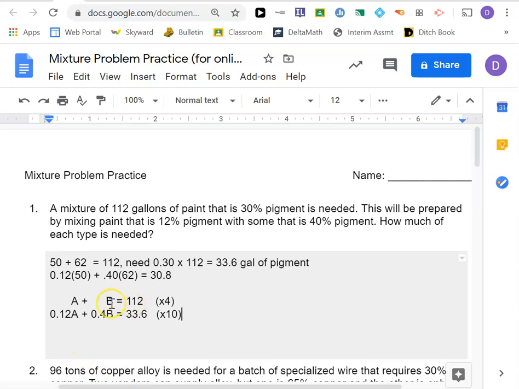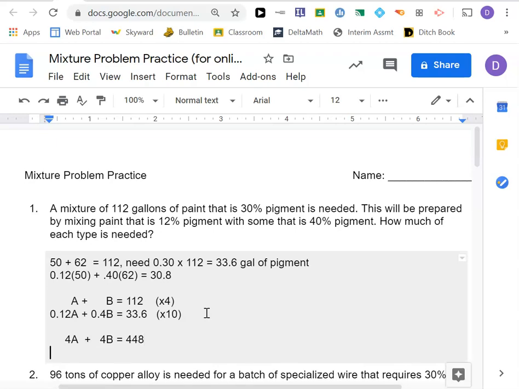Multiplying this equation by 4 makes that into a 4b. Multiplying this equation by 10 makes this into a 4b as well. And so then when I have both of those being 4b, when I subtract them, the b's cancel out. So let's rewrite this as 4a plus 4b equals, let's see, 4 times 112 is going to be 448.